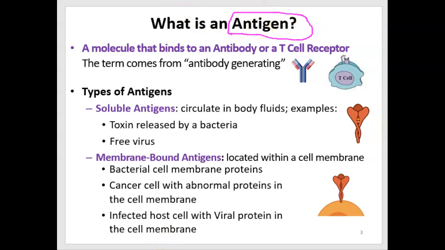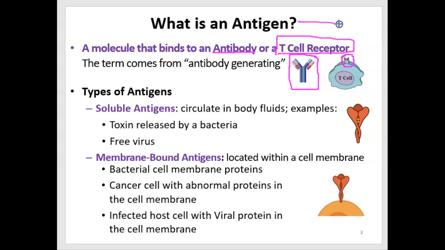So we really define an antigen as any molecule or molecular compound that binds to an antibody, which is shown here as this Y-shaped molecule, or binds to a T cell receptor. And a T cell is a lymphocyte, and lymphocytes have little receptors on their membrane.